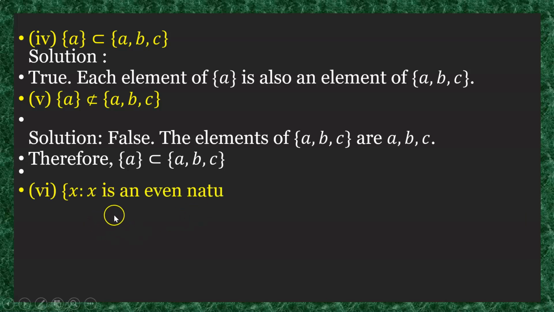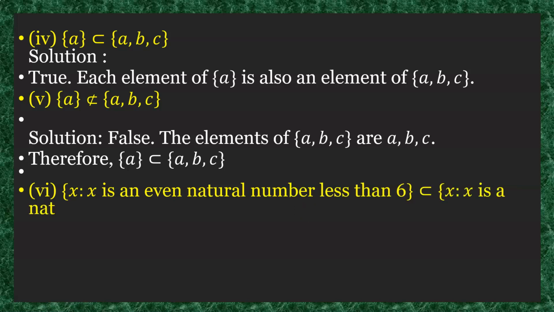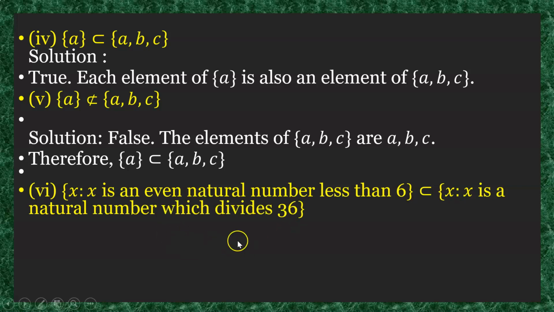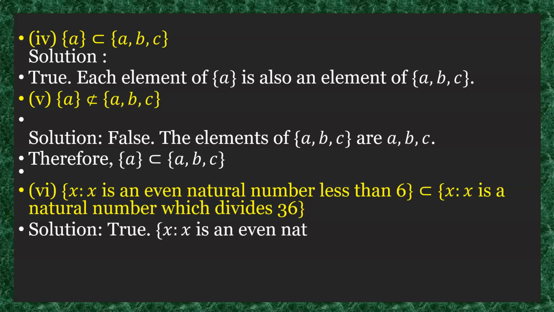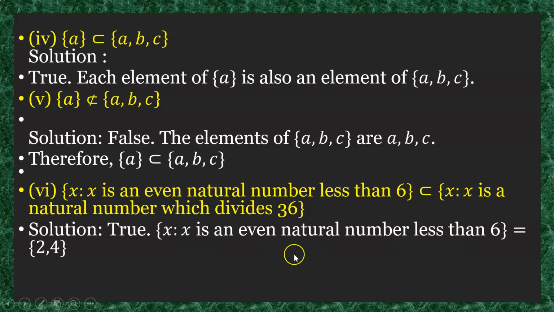{x such that x is an even natural number less than 6} is a subset of {x such that x is a natural number which divides 36}. Now let's see this. It's true. {x such that x is an even natural number less than 6} equals {2, 4}.